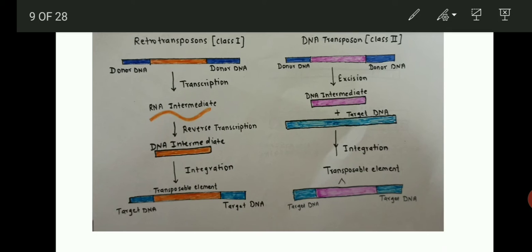So here direct integration of the excised DNA transposon takes place. That's why it is called the direct cut and paste mechanism, and the mechanism of DNA transposons is cut and paste. I hope you clearly understand the difference between the retrotransposons and DNA transposons with the help of this diagram. So let's see next.